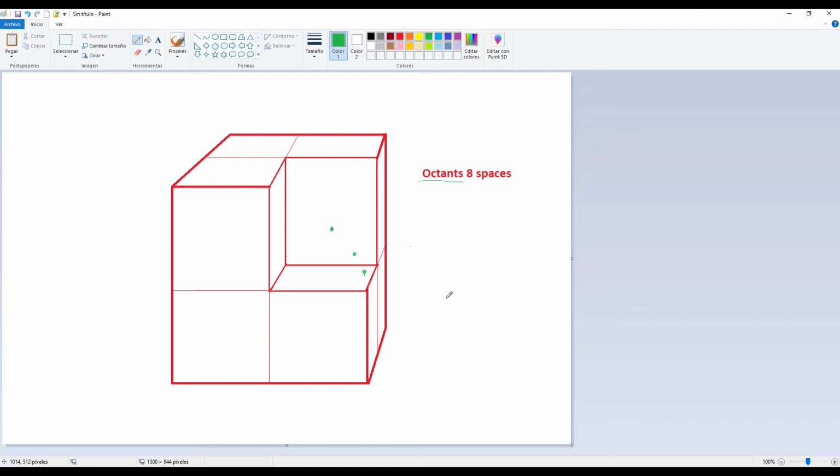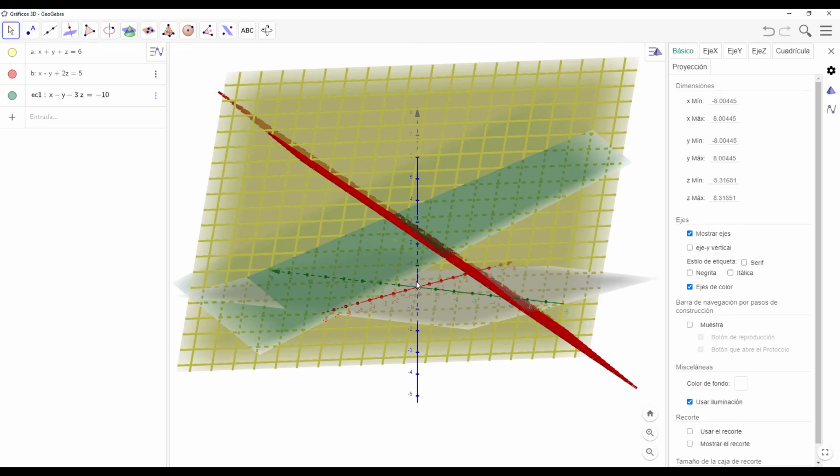So we need to use software in which you can draw in 3 dimensions, and you can move and see the real position of that point. For example, here we have a 3D graph of GeoGebra.